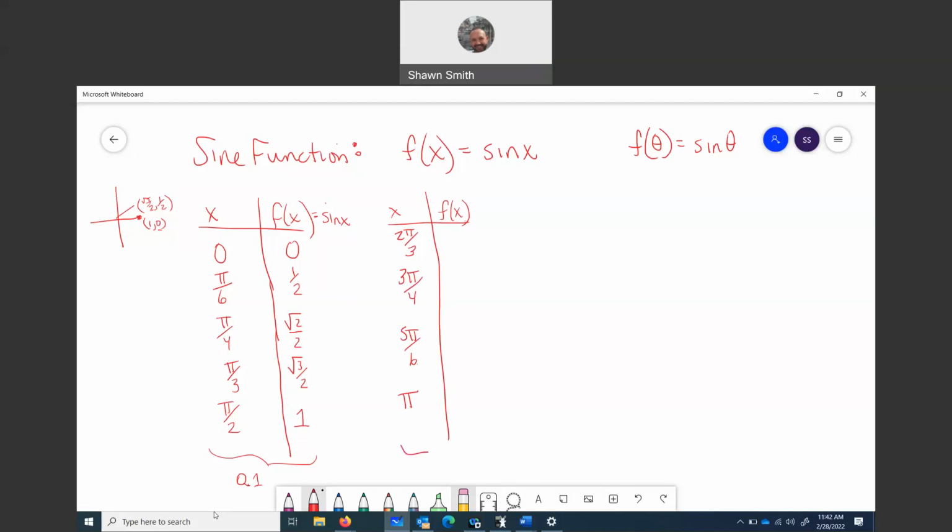Now all in quadrant 2, I can use all these reference angles to get the same values for the sine of these angles. So 2 pi over 3, its reference angle is pi over 3. It'll be square root of 3 over 2. We're in quadrant 2. Sine is positive, right, in quadrant 2. So all these output values will be positive here. So the pi over 4 reference is square root of 2 over 2. Pi over 6 reference, that's 1/2. And the pi, your quadrantal, your y value is 0.